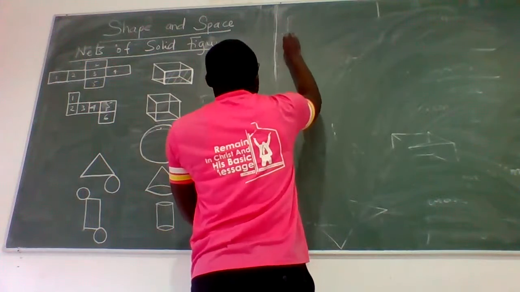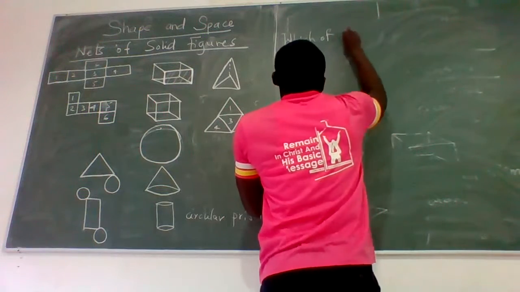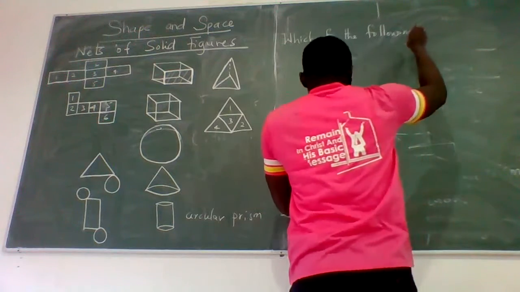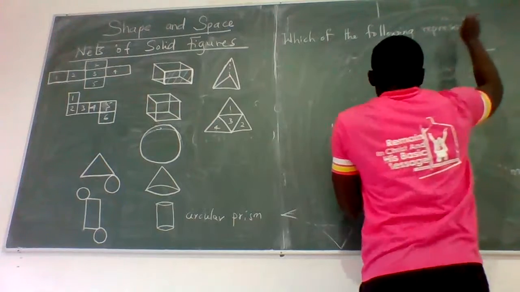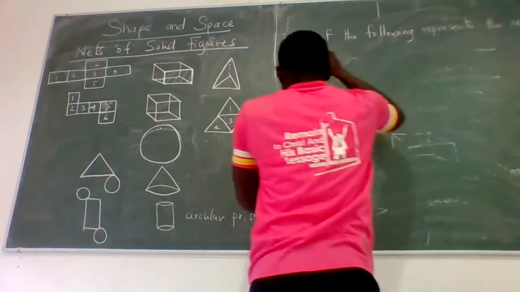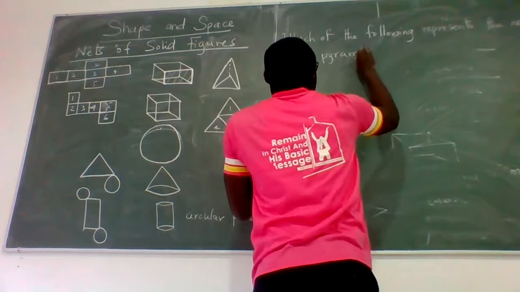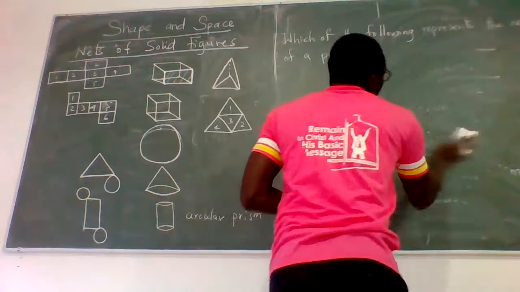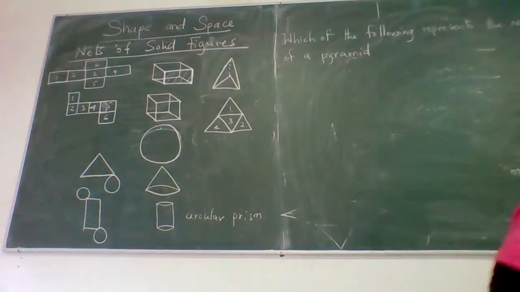It says, which of the following represents the net of a pyramid? Which of the following represents the net of a pyramid?